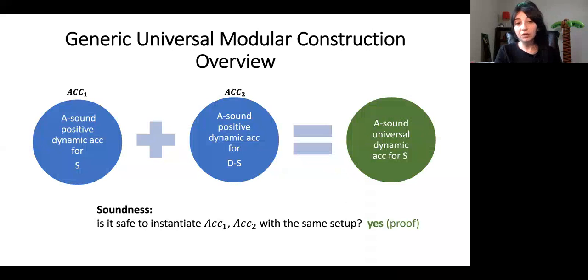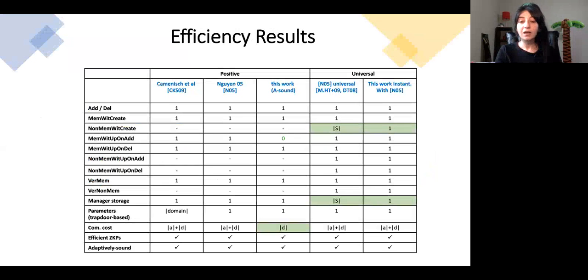This is how the construction looks like. And in our paper, we prove that because accumulator 1 and accumulator 2 are of the same type, it is secure to instantiate both of them with the same parameters. So here, any cost related to non-membership drops to constant, and all the costs are now constant, and we get both membership and non-membership.